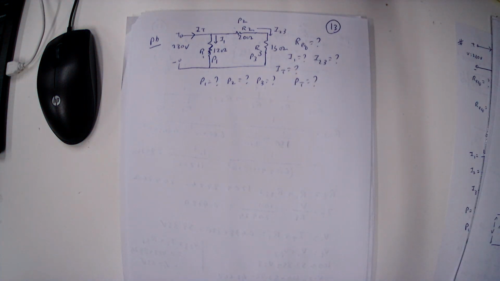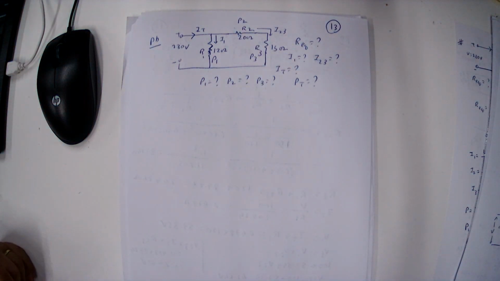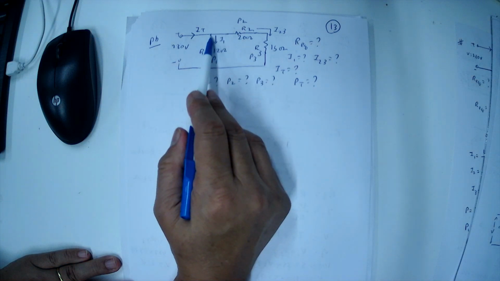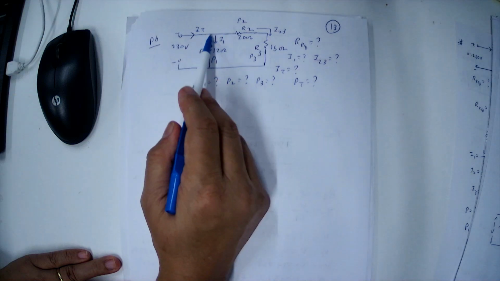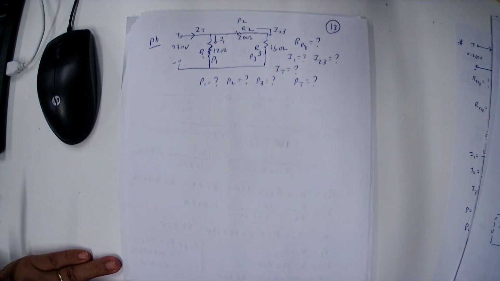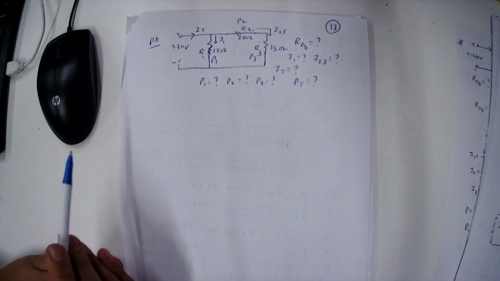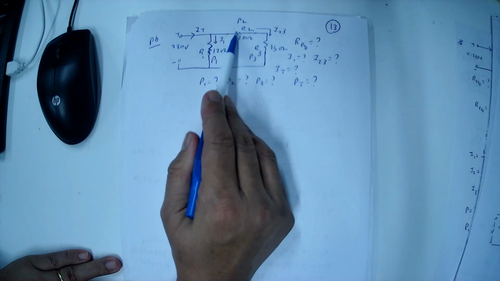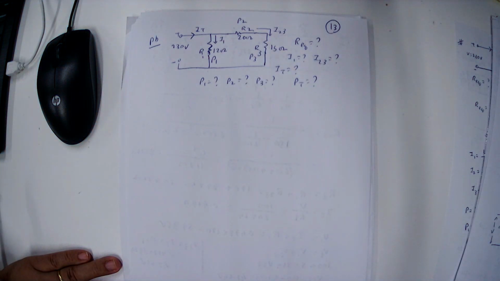So in this circuit, R2 20 ohm and R3 15 ohm are connected in series. The series combination of R2 and R3 is connected in parallel with R1 12 ohm. This is the connection. We have to calculate the branch currents: R1 branch current I1, and the R2 and R3 series combination current I23.